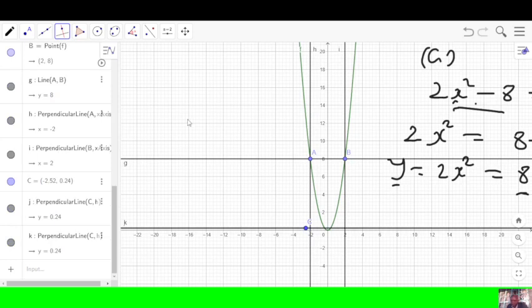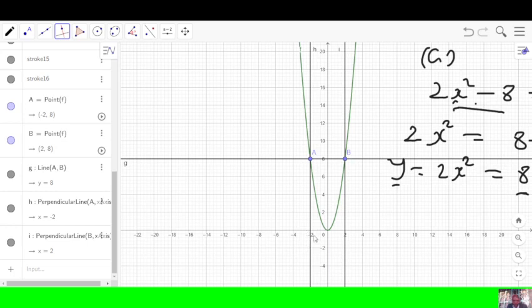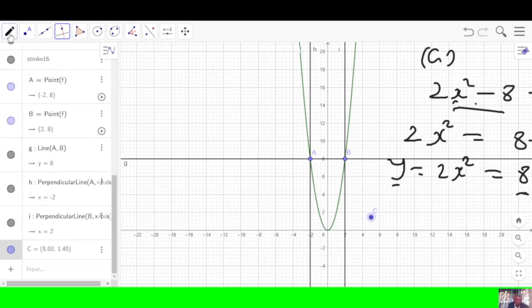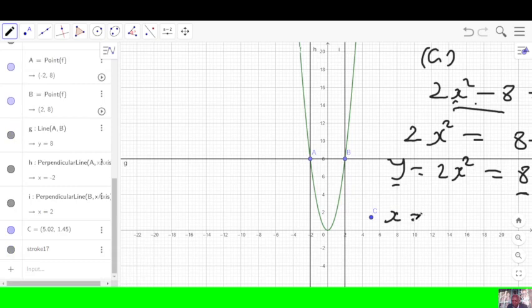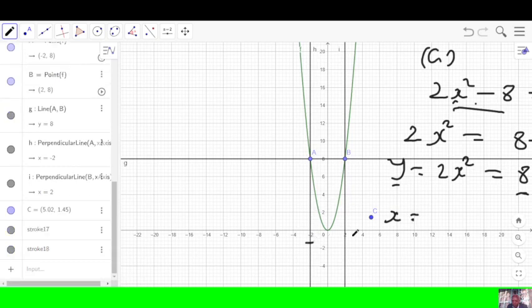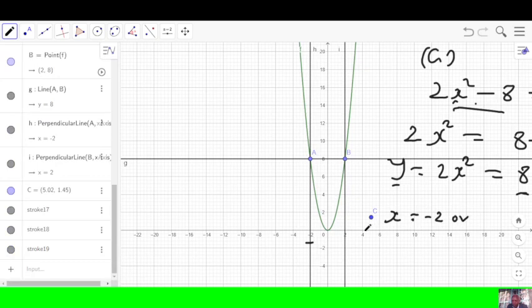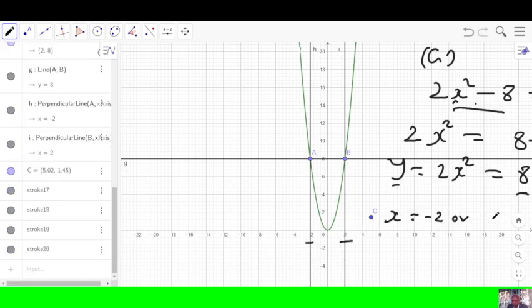Let me just delete this a bit. That means that the value of x is that value you can see, -2 or 2, and that will be the solution to this equation. So what have I said?